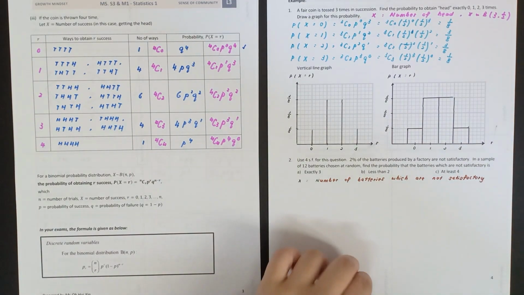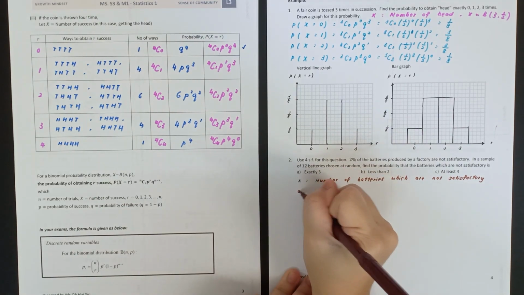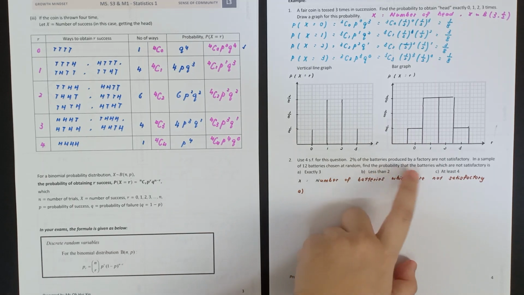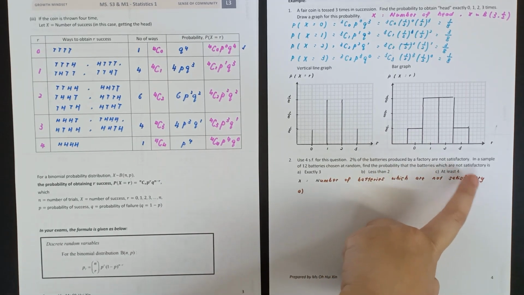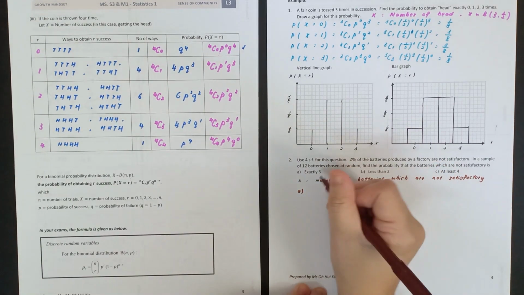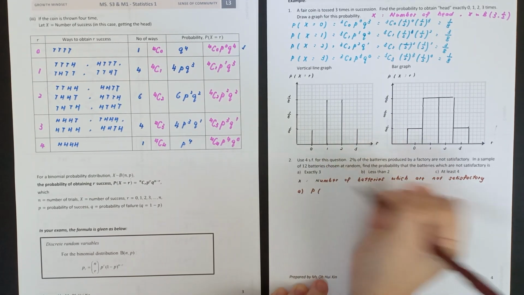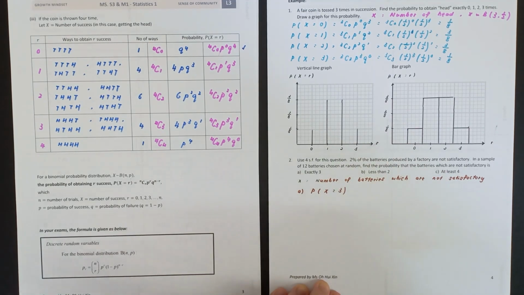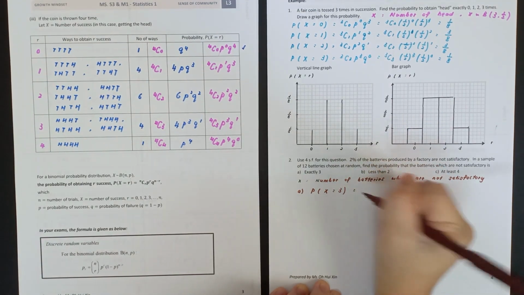Okay, so now part A. A is the probability that the number of batteries which are not satisfactory is exactly 3. So we want the probability that x equals 3. Then you can do your calculation.